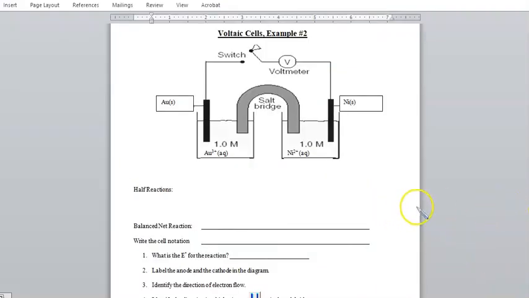So example number 2, we've got some gold and we've got some nickel. So again, when I get those voltages, they're going to be from the chart. So I'm actually going to write over here. Let's write it in black so we can see.